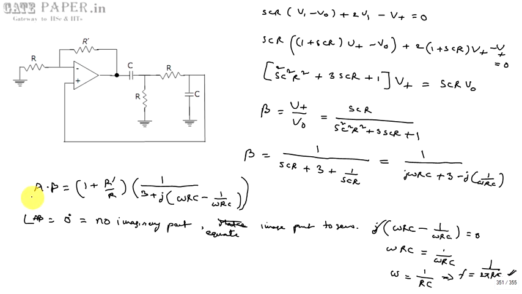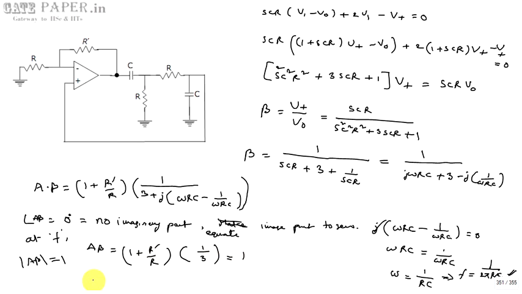At the calculated f value, A beta will be (1 plus R dash by R) times the real part only, which is 1 by 3, since the imaginary part becomes 0. According to the magnitude criterion, this must be equal to 1.